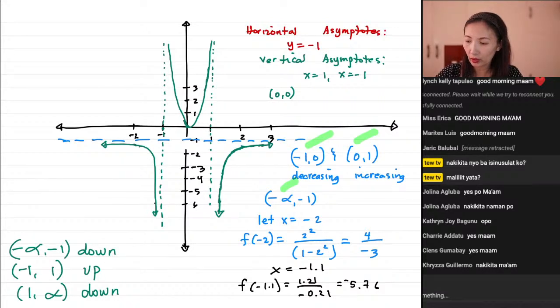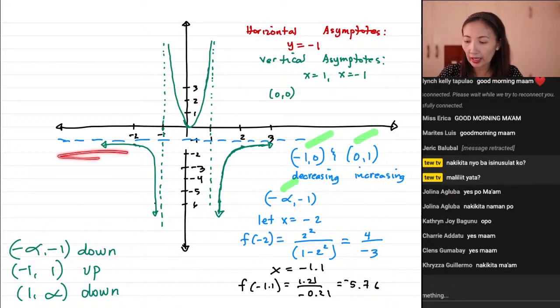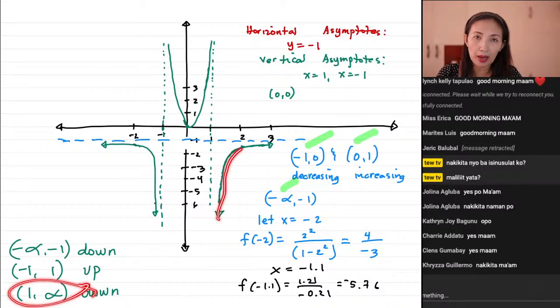This one. Correct. So that confirms, see that? That confirms our step number 6. From negative infinity to negative 1, the graph concaves downward, while from negative 1 to positive 1, it concaves upward. And from positive 1 to infinity, it concaves downward.